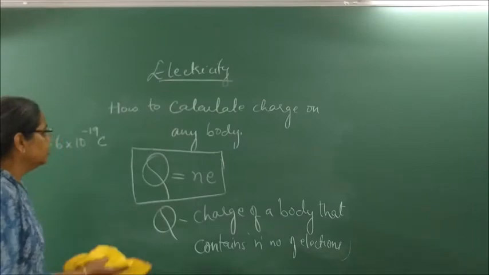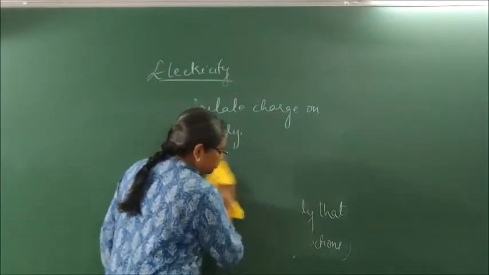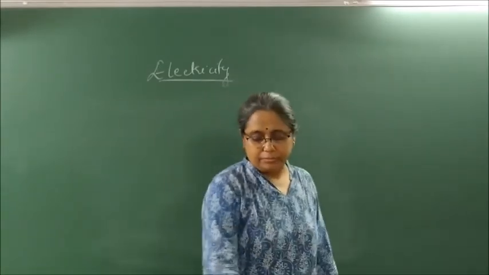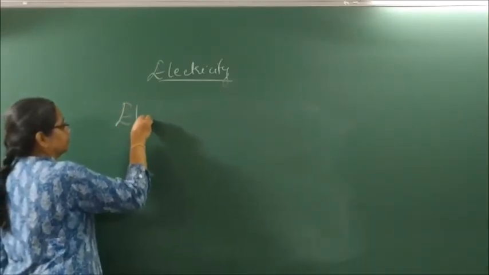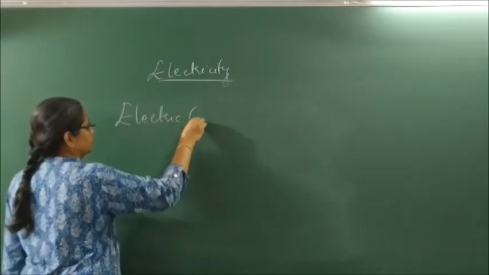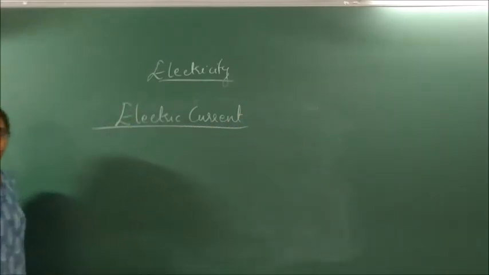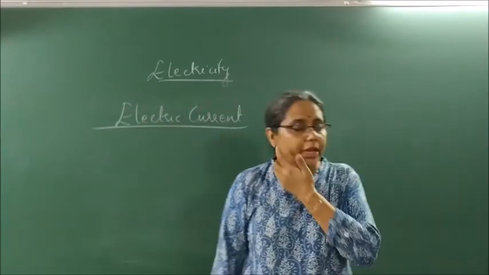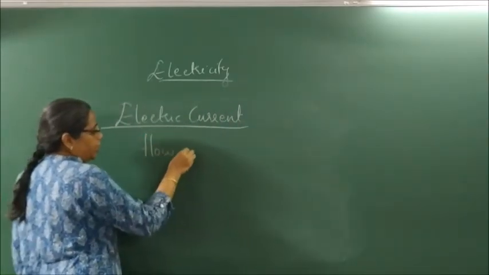Now to talk about electric current. Electric current definition, because this is how we start our chapter now. So electric current basically is said to be the flow of electrons per unit time.